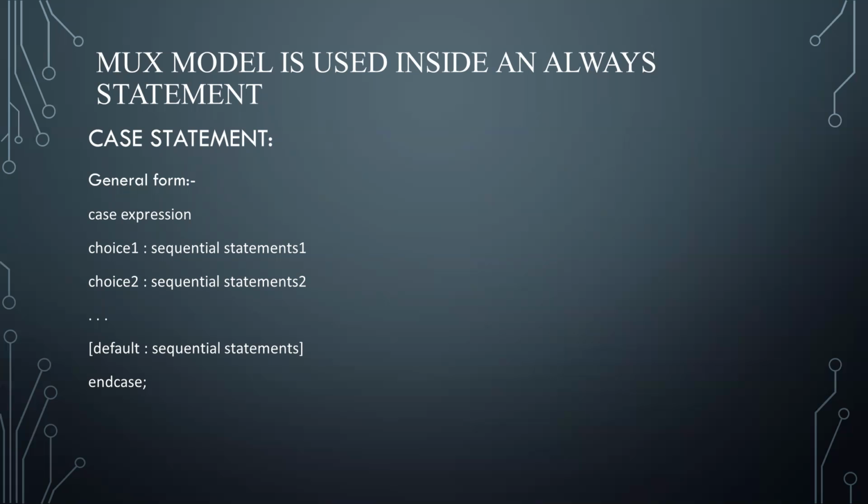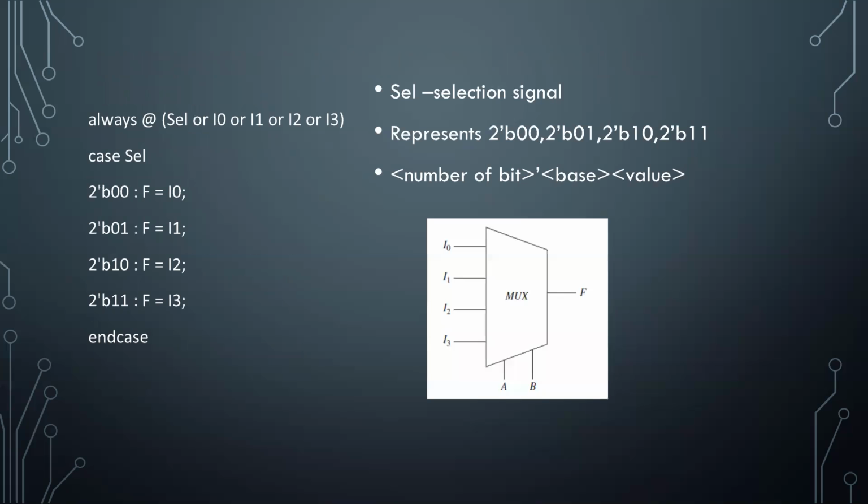We can see one example for the 4x1 mux. We use SEL for the selection signal, which is 2 bits, with binary values 00, 01, 10, and 11.